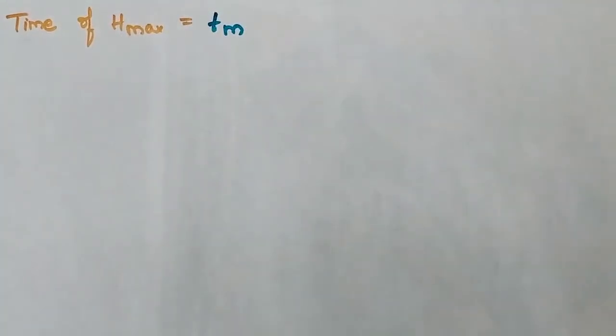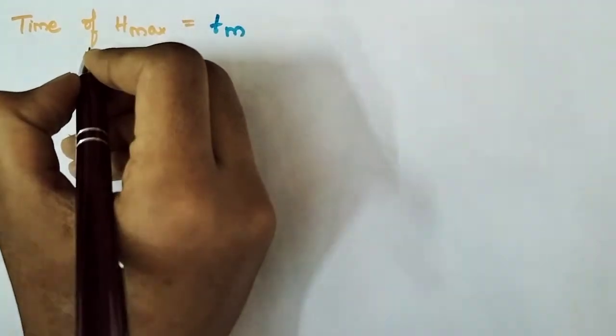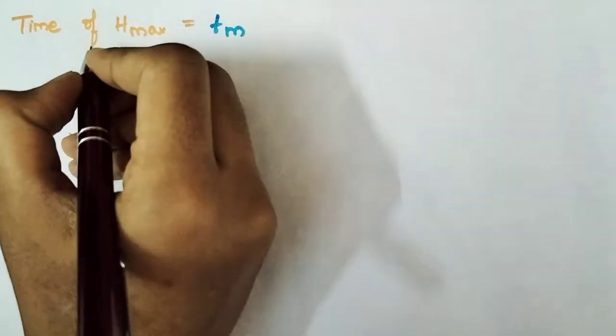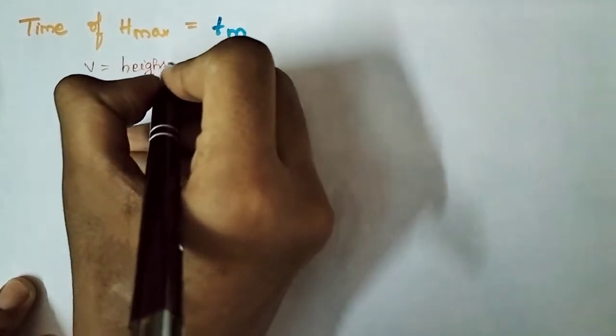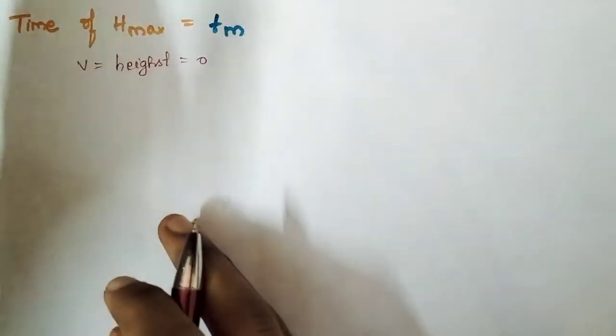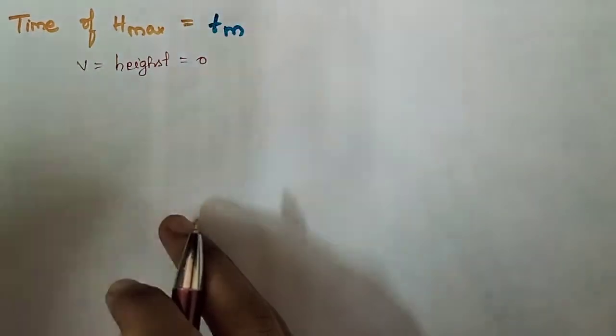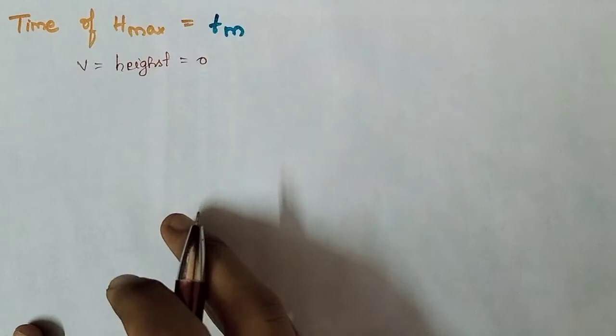Then we can write u sin theta to be v sin theta, meaning v at the highest point is 0. I told you, as it reaches the height, the velocity decreases with respect to the acceleration due to gravity.